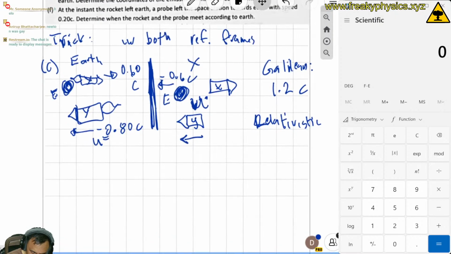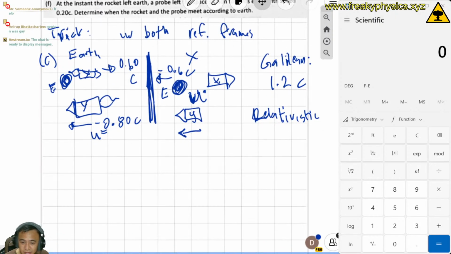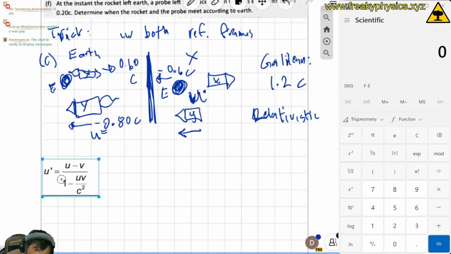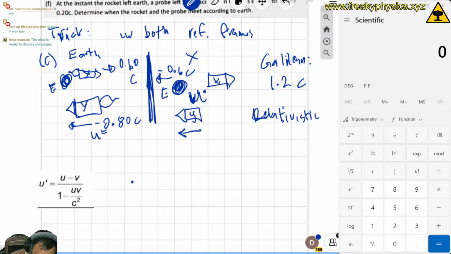If we look into the formula in here, we have a formula we can use straight away, and we just put our values in. The formula, I'll just paste it here, is this. Let's use the values given to us.